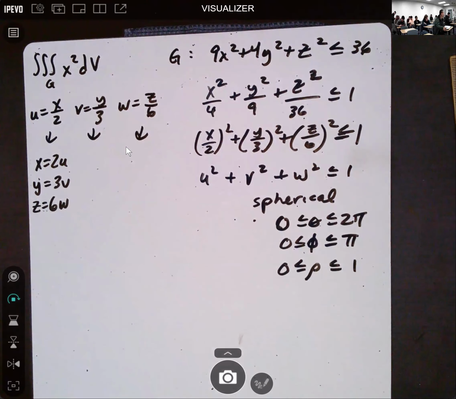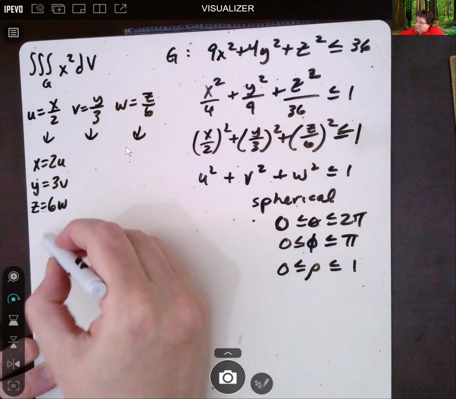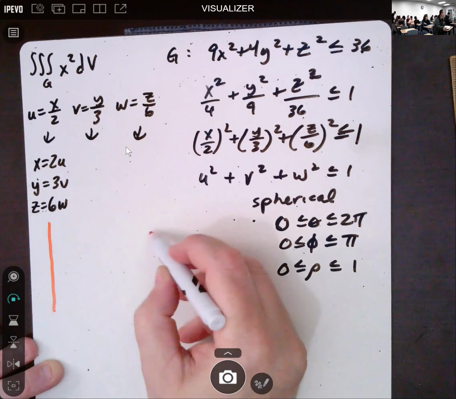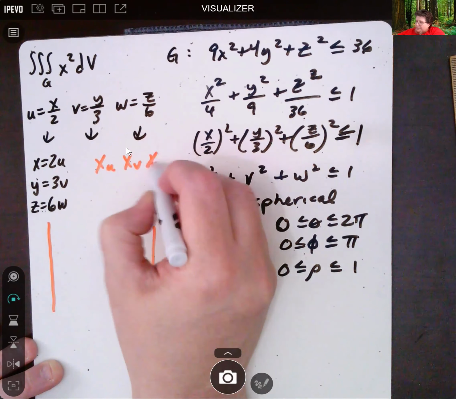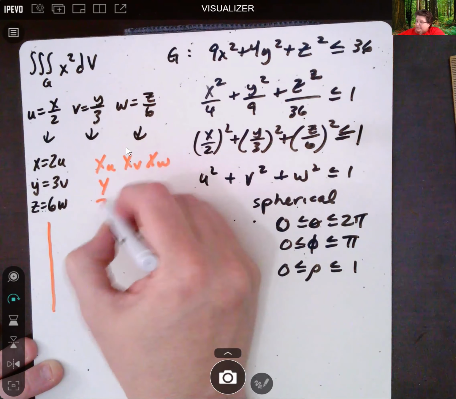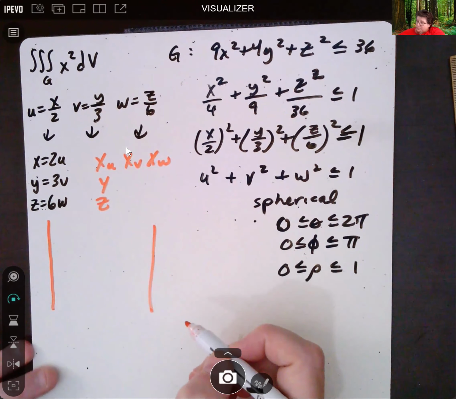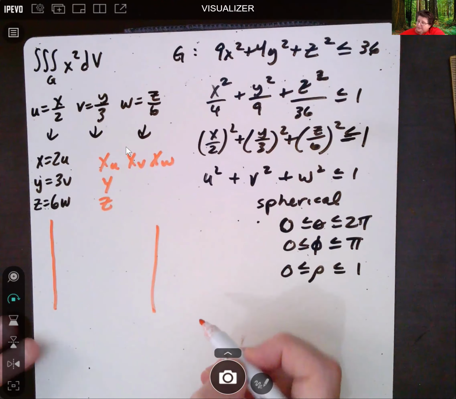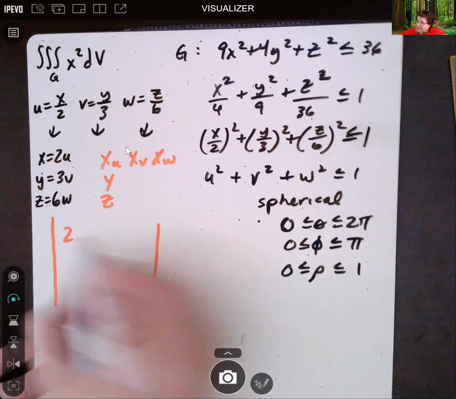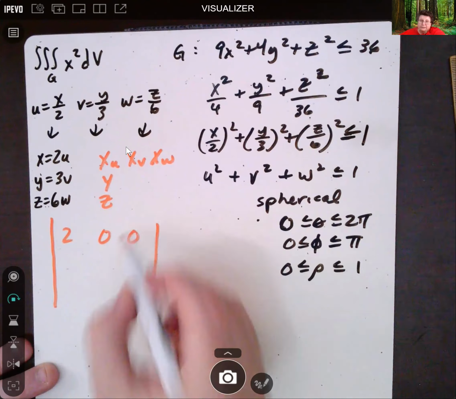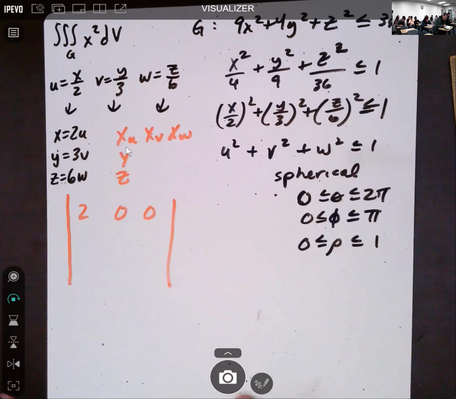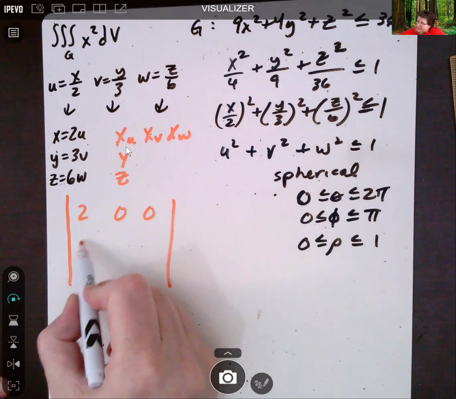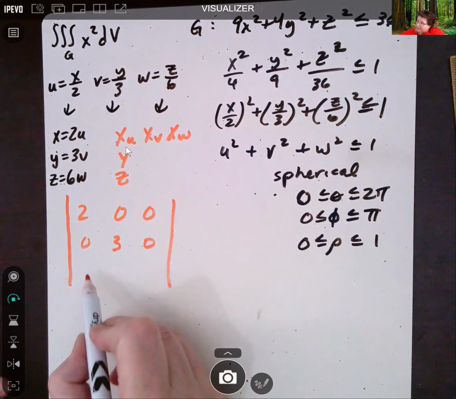So I need to do x_u, x_v, x_w, and then do the same thing for y and z. So the partial of x with respect to u is just 2. And for the other variables, it's 0. And you can see this ends up being a pretty easy matrix.